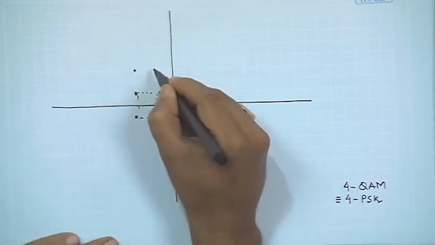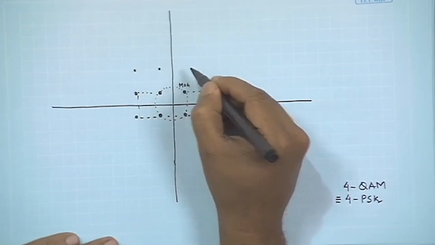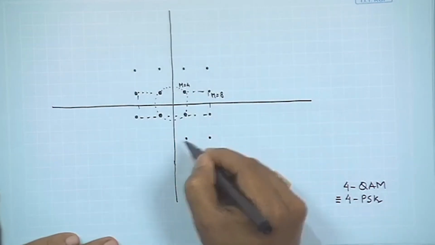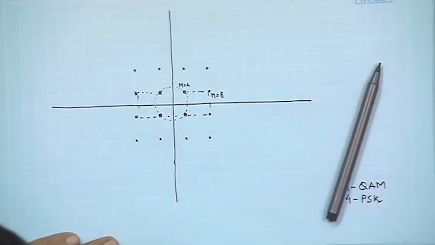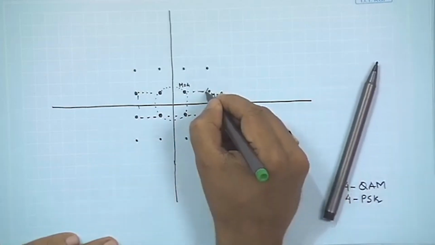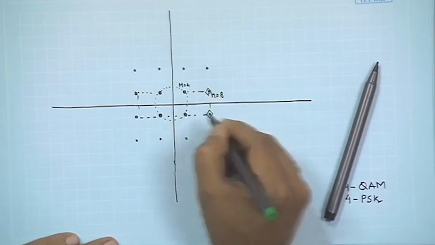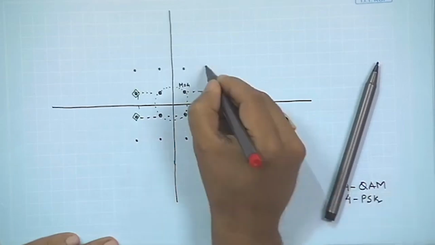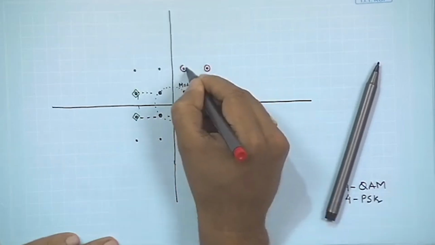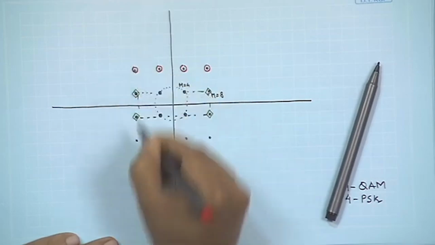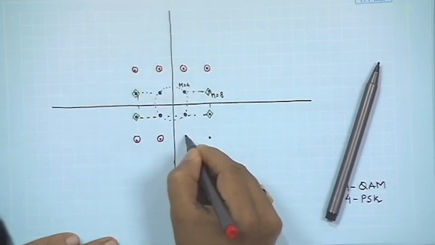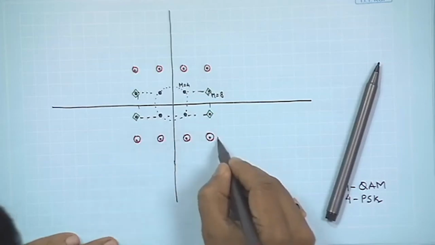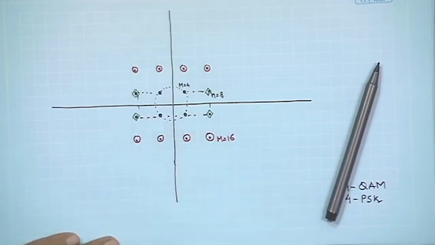And now, if we add a few more constellation points, we would like to demarcate them a little bit differently, because these have been added to the existing set, and what we have created is 8 and 8, m equals 16 constellation points.